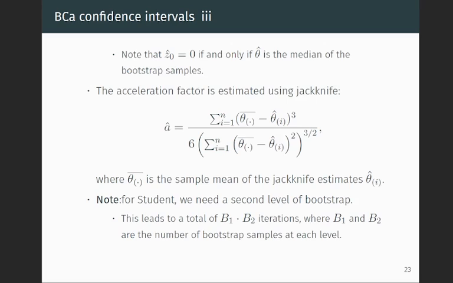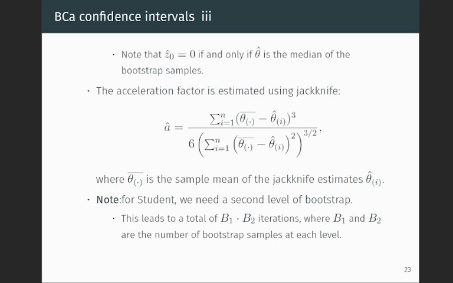And next, we're computing the acceleration factor, so alpha hat or a hat, and we're estimating it using jackknife. So here we're going to do a second level of resampling. We're going to do some jackknife, and we can compute a hat as the sum of the cube of the differences theta bar minus theta hat i, over 6 times the sum of the squared differences theta bar minus theta hat i, to the power 3 over 2.